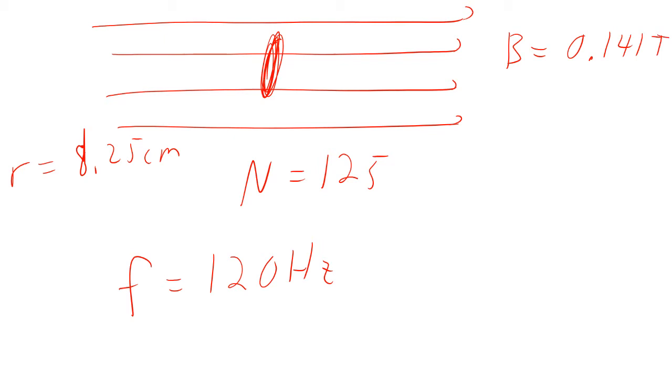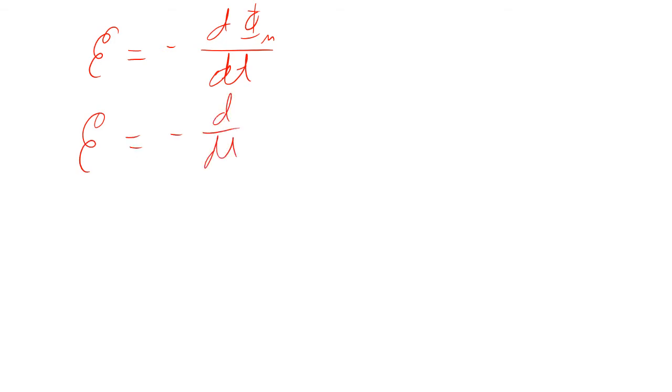Okay, so what do we do? We know from Faraday's law that the EMF is minus the rate of change of the magnetic flux. So it's going to be the derivative of the magnetic flux. The magnetic flux here is equal to N times B times A times cosine of the angle.